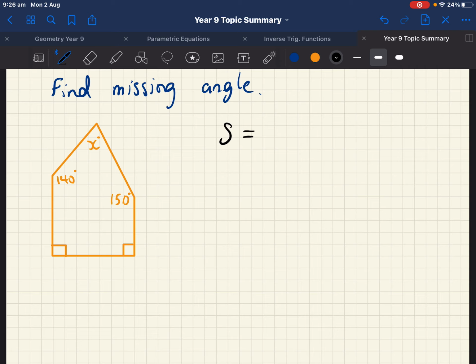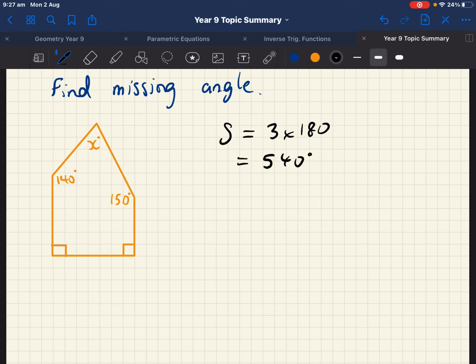If you want to find the angle sum, here we have 5 sides. So take away 2. So 5 take away 2 is 3. Times by 180, always times it by 180. So always just the number of sides, you take away 2, and then you times that by 180. And that gives you the angle sum, what all of the angles add up to.